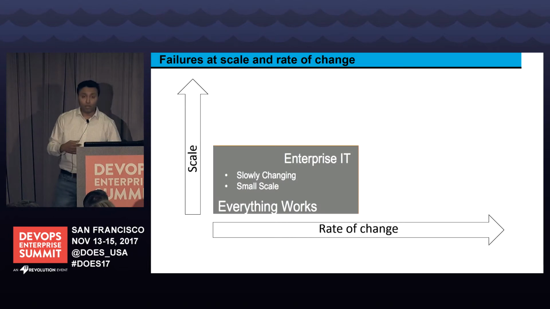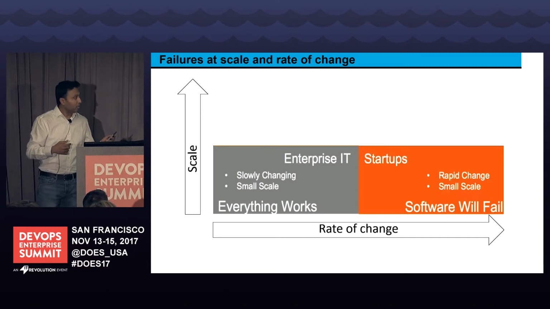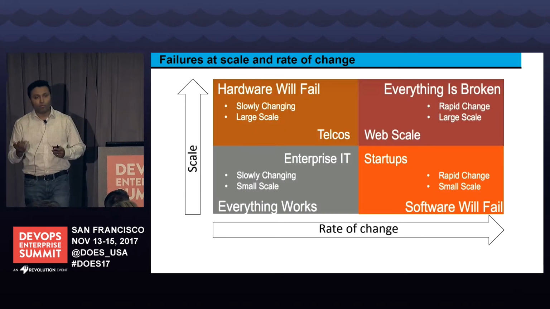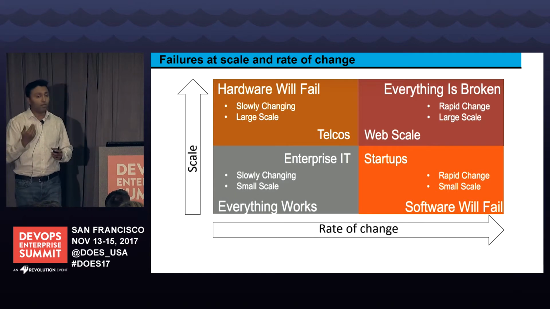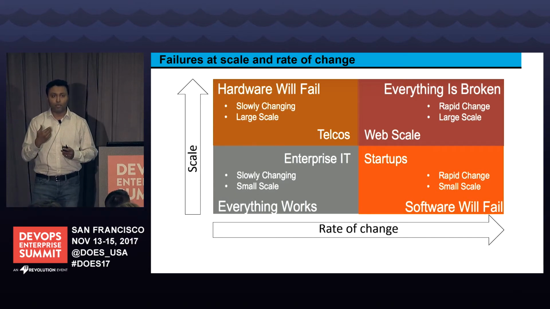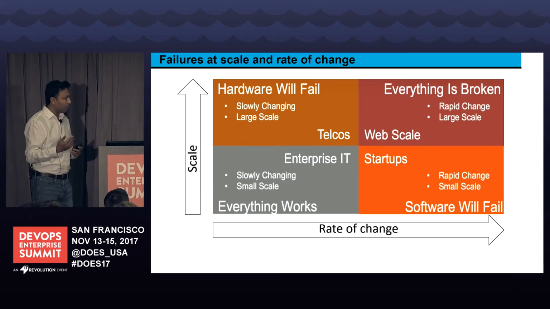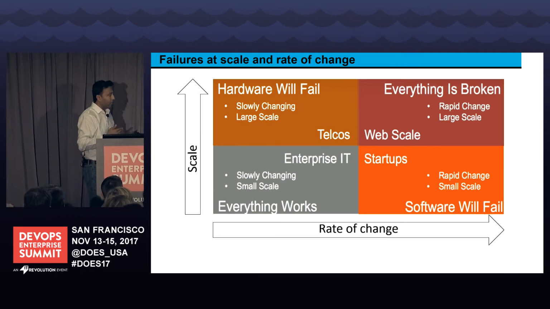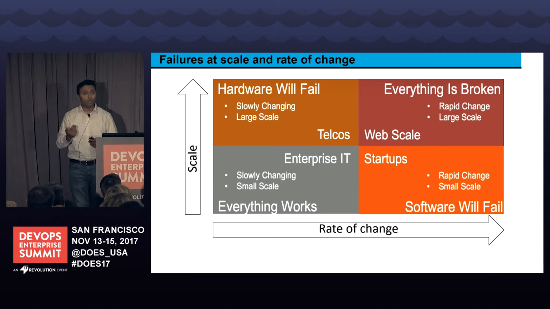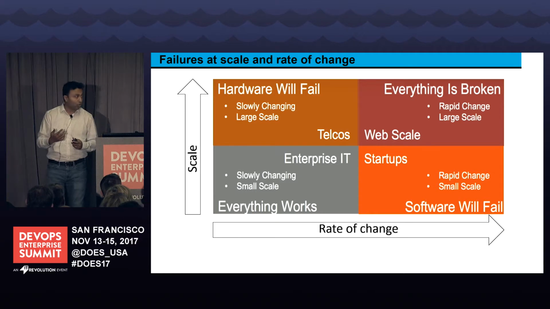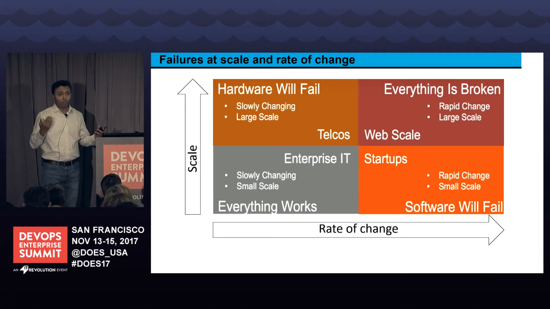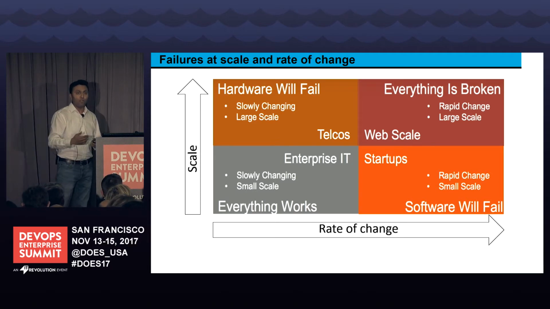And now we have this rate of change in how much software we deliver. The rate of software delivery is increasing and our scale is increasing too. So when you have the rate of software delivery and scale increasing, failures are bound to happen.